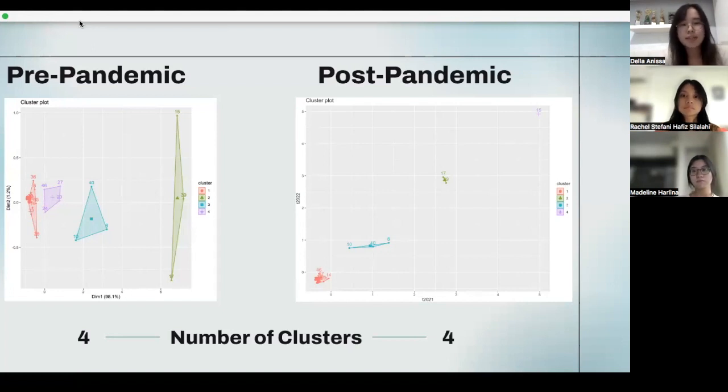Then after getting the results that suggest 4 as the optimal number of clusters, we visualize it using the fviz_cluster command and get the result as presented here, where the left side is before the pandemic, in the years 2017 until 2020, and the right side is after the pandemic, which is 2021 and 2022. And as we know, there are 4 clusters, described with different colors that indicate different clusters.